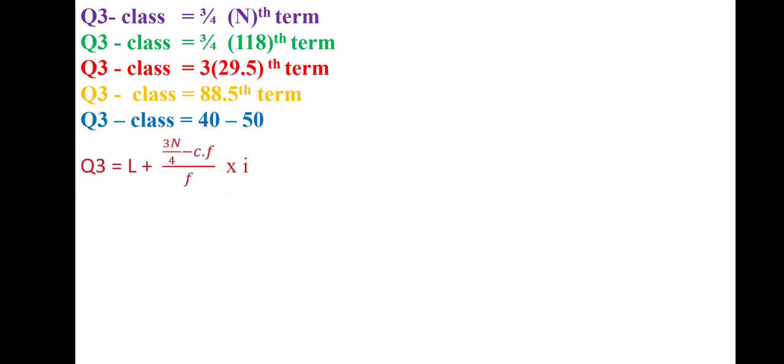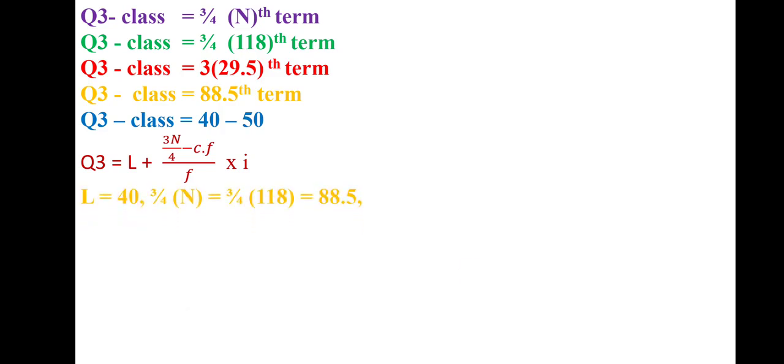Q3 formula is L plus 3n by 4 minus CF divided by F into I. So L equal to 40, lower limit of the Q3 class. 3n by 4th of n equal to 88.5. Then CF equal to 76. CF, here I find the previous value of the cumulative frequency column of Q3 class.